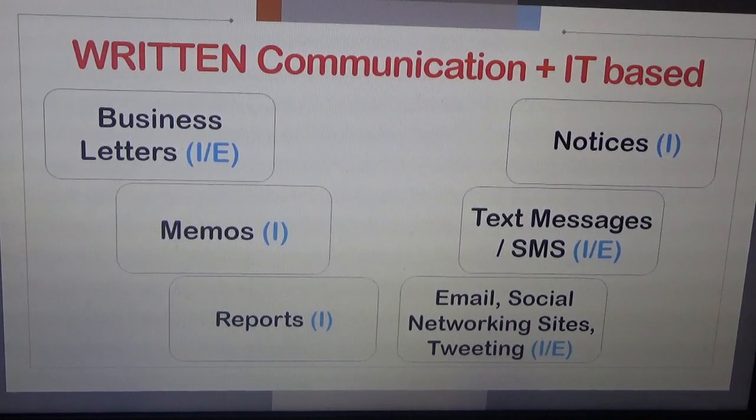However, there is no way of assessing the tone of the message or the mood of the sender, and this can cause some failures in communication. We also have email, social networking sites, and tweeting, and also other forms of electronic communication using information technology.